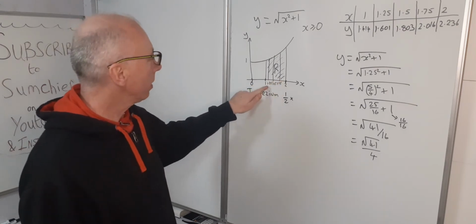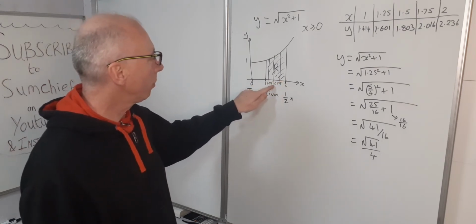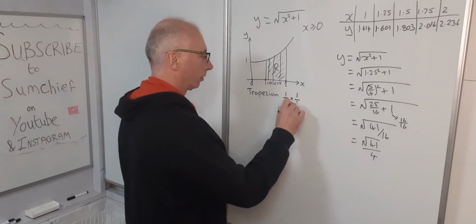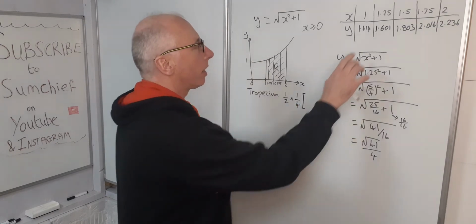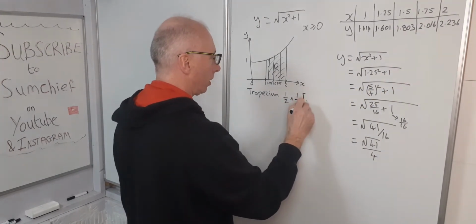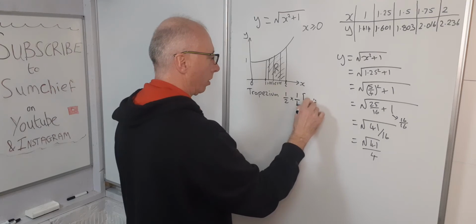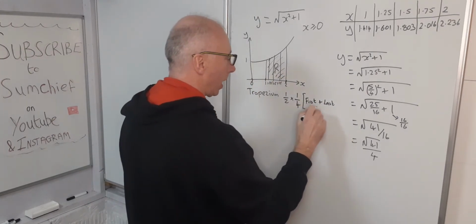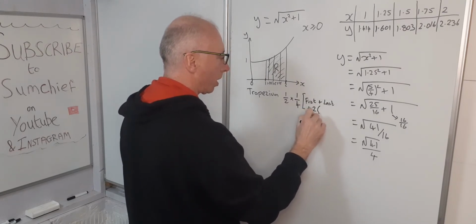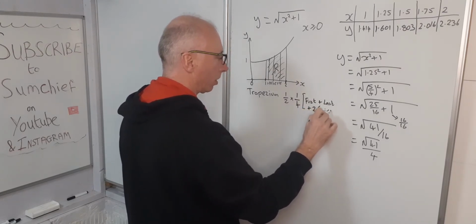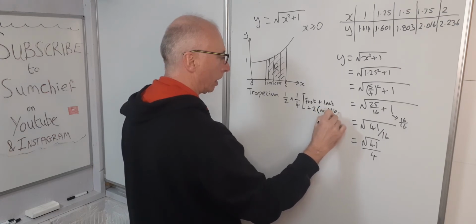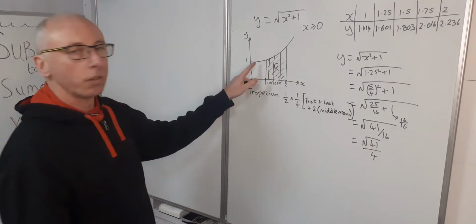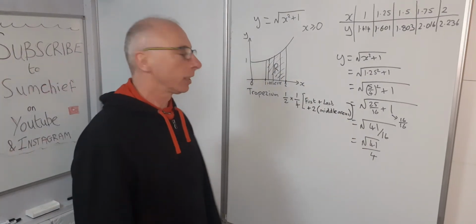So in this case it's 1 to 1.25 to 1.5 to 1.75 to 2, so each of those gaps is a quarter, and then it's the first and the last, so first plus last little column of these, and then we add 2 times the middle ones, the middle areas, and that will apply for any trapezium that you're trying to evaluate.